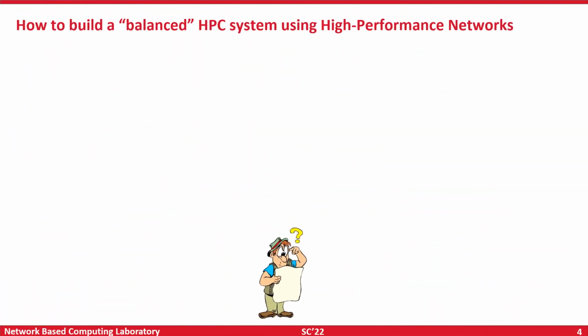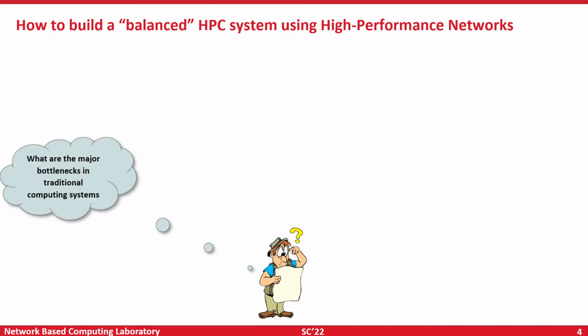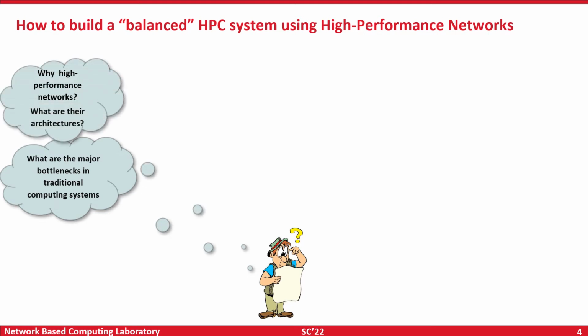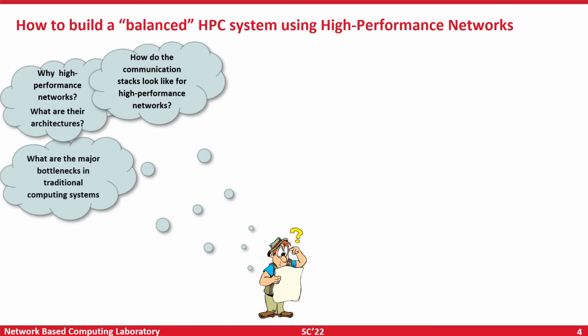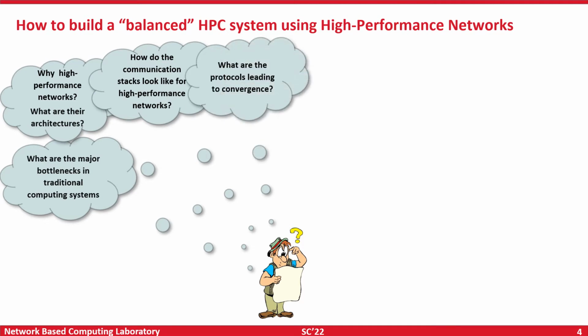So in this context, if you are an architect or a designer or a user of these systems, you may be trying to think how to build a balanced HPC system using high performance networks. You might have some questions: what are the major bottlenecks in traditional computing systems? How were high performance networks designed? What are their architectural features? How do the communication stacks look for high performance networks?